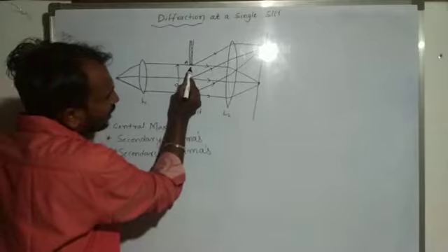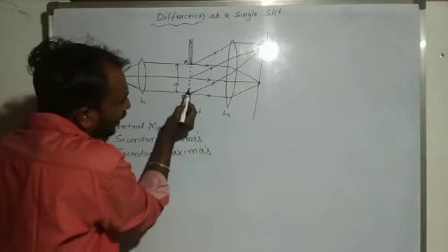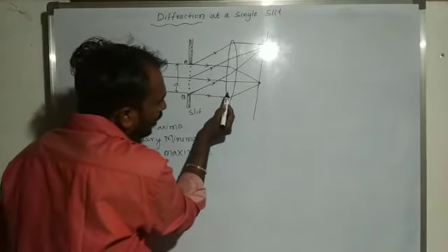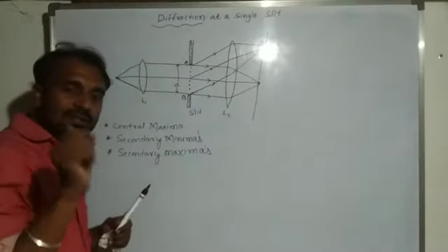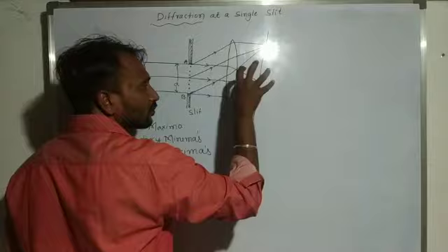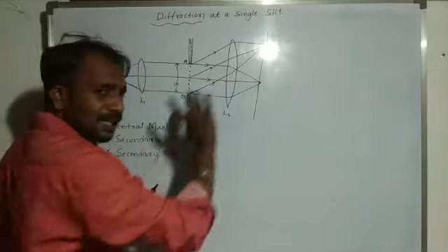Suppose we consider another ray of light, and corresponding to it another ray of light, then refracted, they converge at the same point.